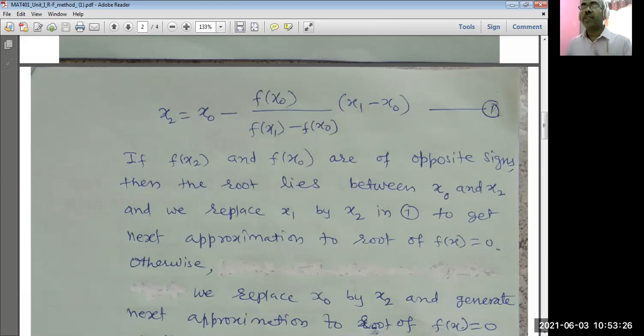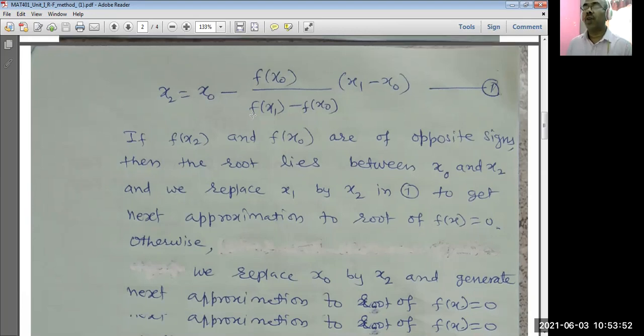But if the reverse is the situation, meaning the function values f of x2 and f of x1 are of opposite sign, then we have to replace x0 by x2 to get the next approximation, in this equation 1.